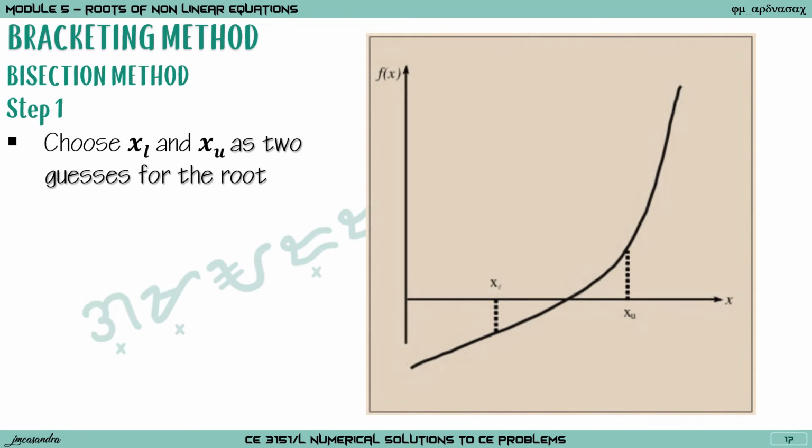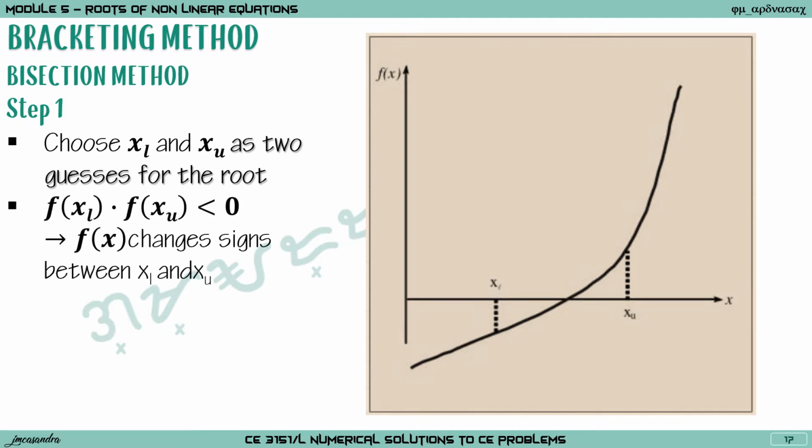So the first one, same as for the incremental search method, is we choose our initial limits for our iterations, XL and XU. And with our initial assumptions, we compute the functions, and the product of the functions should be less than 0, in which the function of x changes signs between XL and XU.